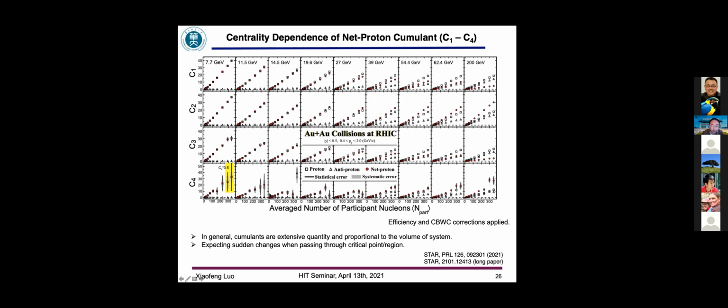For C4, we did see some anomalous behavior around 14.5 GeV and 19.6 GeV in central collisions. But the error bars are also large, so this needs to be confirmed in the BES-II data. The C4 of 7.7 GeV is scaled by 0.5 for these two data points, but the error bar is also large. We cannot draw a strong conclusion yet.